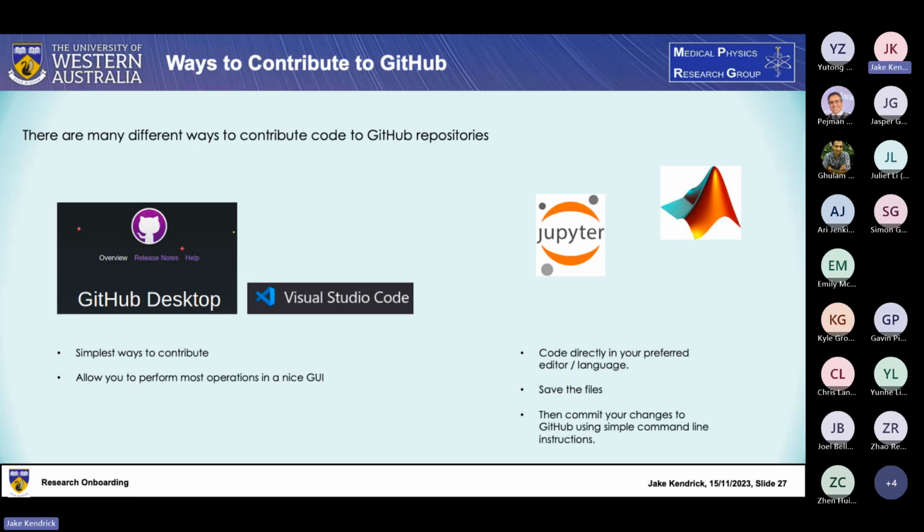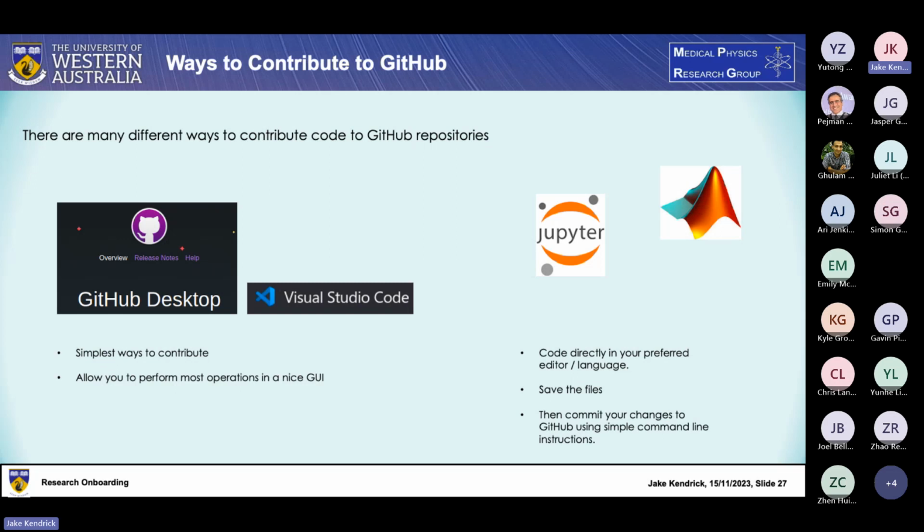Now, there's many different ways to contribute to GitHub. Probably the easiest would just be using a nice GUI, right? A graphical user interface, which would mitigate the use of having to use command line prompts. So you've got GitHub Desktop, which provides a really nice GUI for you to be able to contribute code to GitHub. Also, what I personally use is Visual Studio Code. This is a really, really easy way to contribute to GitHub.